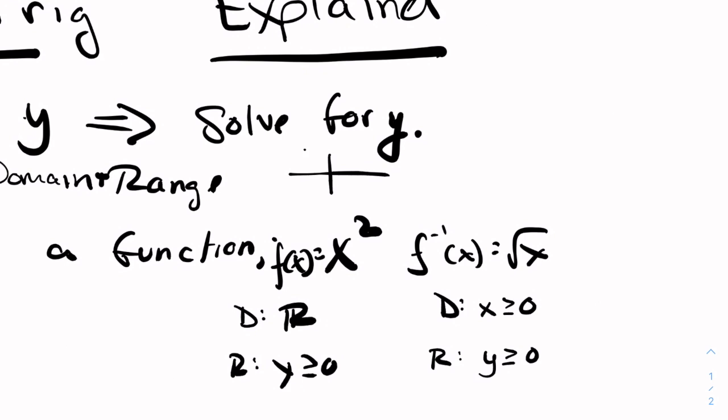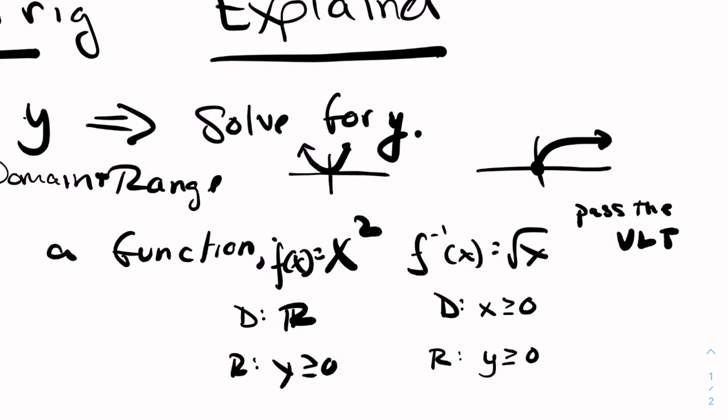If we looked at the picture for x squared, we have our parabola with the vertex at (0, 0), and then the inverse of that function starts at (0, 0), but it's only half of a sideways parabola. That was because it had to pass the vertical line test.